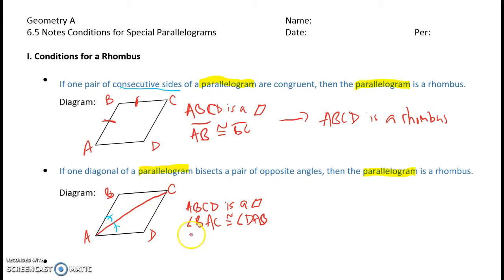So we would also want to know that angle BCA is congruent to angle DCA. We need to know that both of those angles are being cut in half. Of course, if this is a parallelogram, these bisected halves should be the same because our opposite angles are congruent, but just a quick note there. But anyway, if I know the two angles at the ends of my diagonal are being cut in half, then that plus the fact ABCD is a parallelogram tells me we have a rhombus.